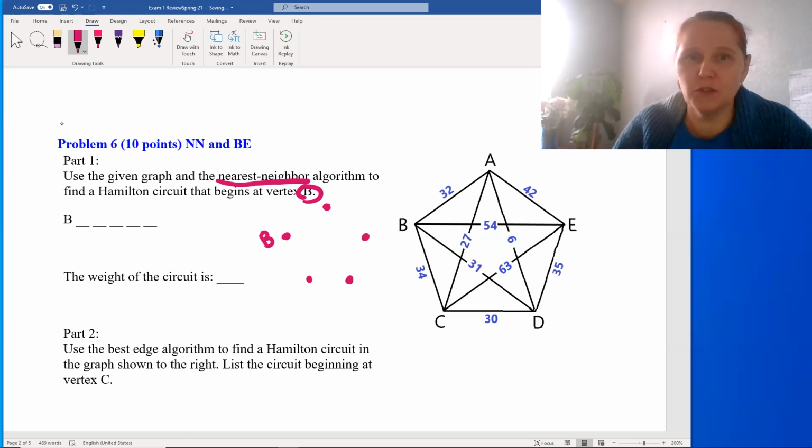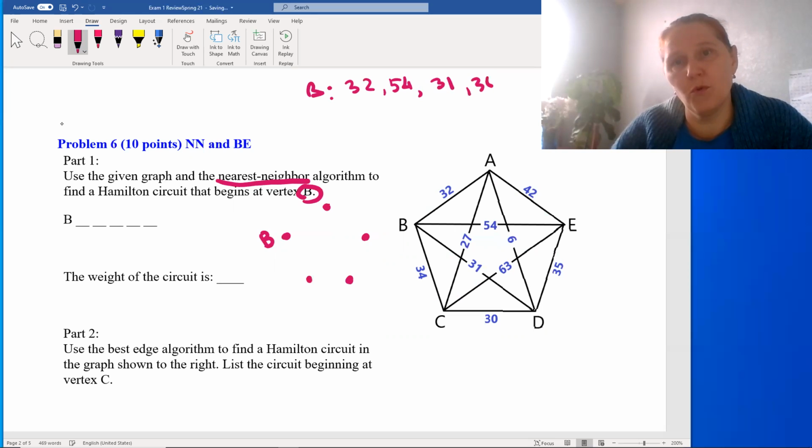We can go to any of the vertices. And these choices from B are 32, 54. You will have smaller numbers from 1 to 12 or to 15. So 54, 31, and 34. So 31 is the best choice.